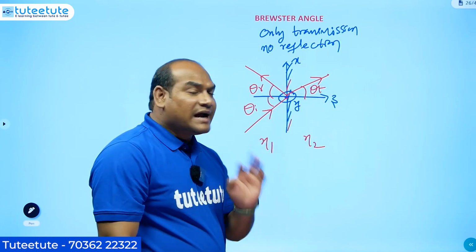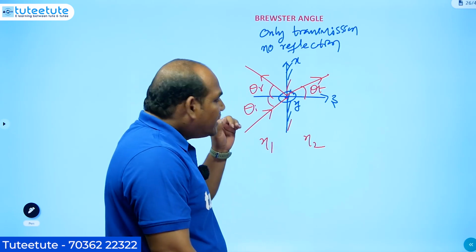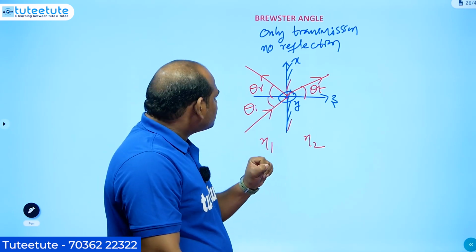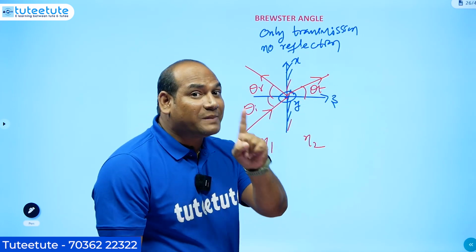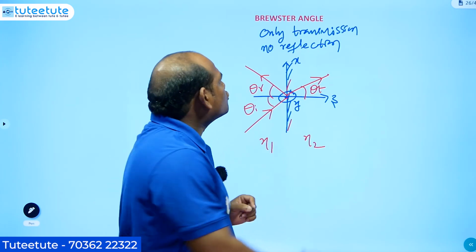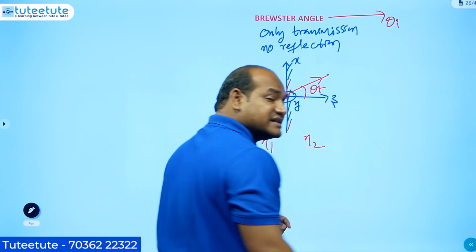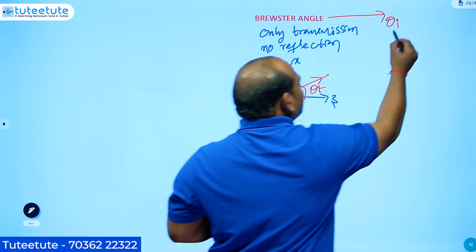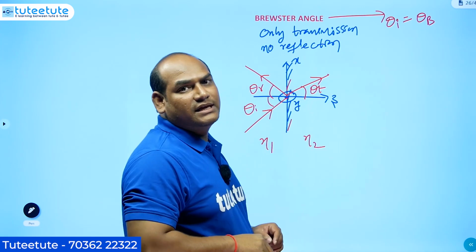The interesting point regarding the Brewster angle is that we can have total transmission without any reflection at one particular angle of incidence. So Brewster angle is also related to the angle of incidence only. This angle of incidence is the Brewster angle theta b.